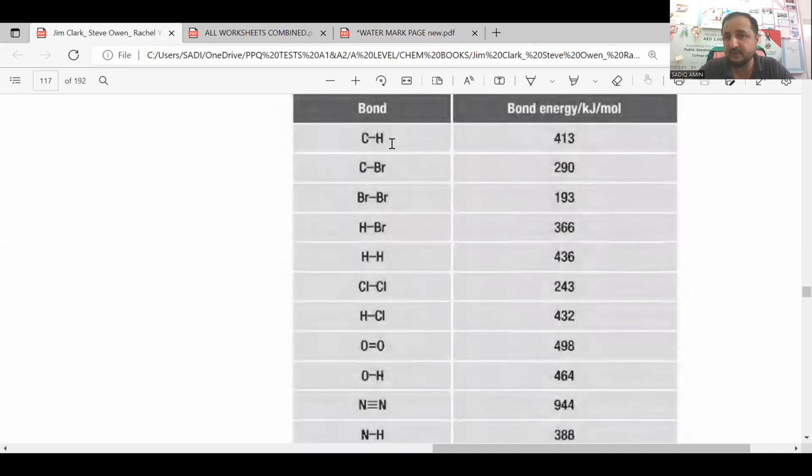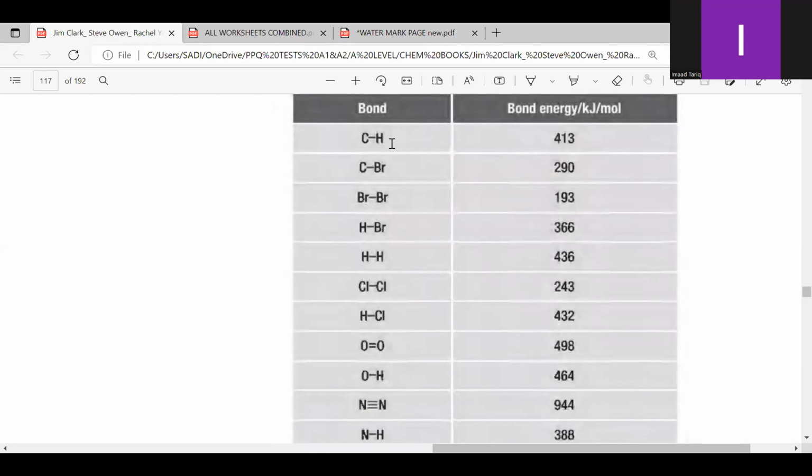So bond energy can be either exothermic or endothermic, and it can be either positive or negative. If you're breaking a bond, it will always be a positive value. If you're making a bond, it will always be negative.